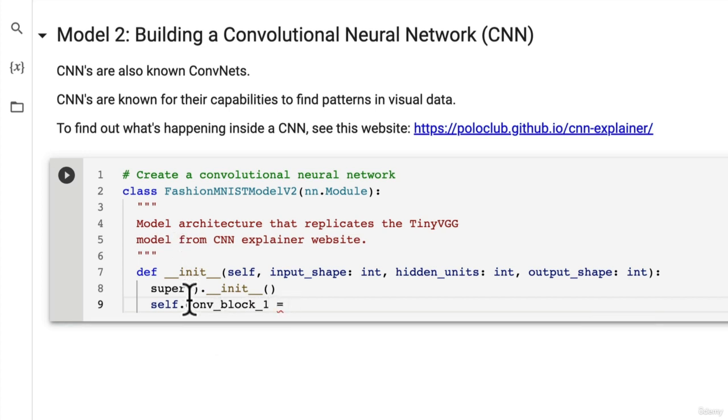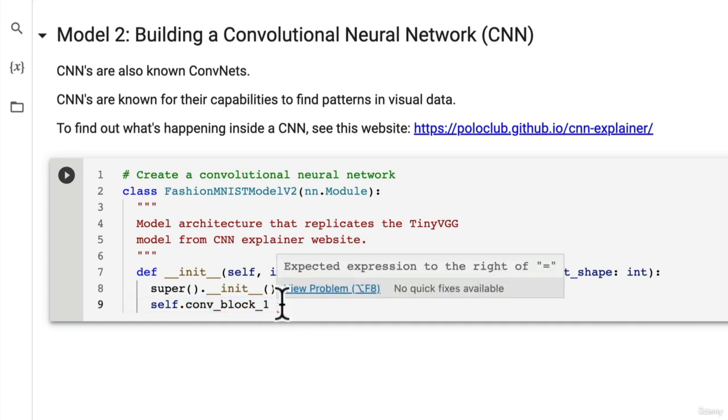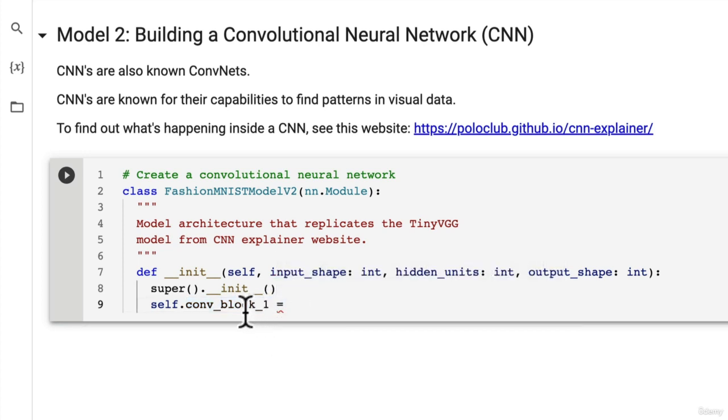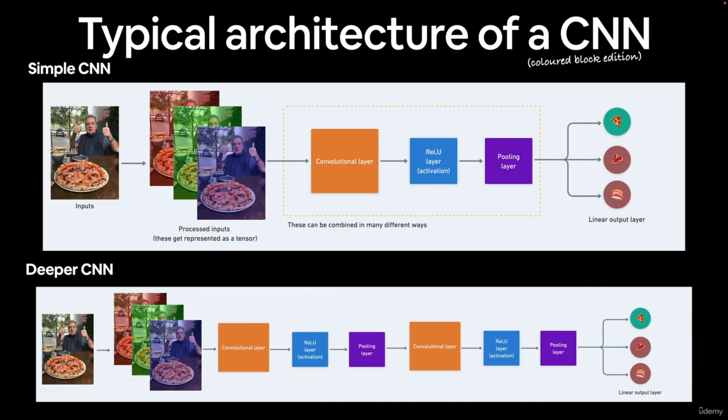Now, we're going to create our neural network in a couple of blocks this time. And you might often hear, when you learn more about convolutional neural networks, that things are often referred to as convolutional blocks. So if we go back to our keynote, this combination of layers might be referred to as a convolutional block. And a deeper CNN might be comprised of multiple convolutional blocks.